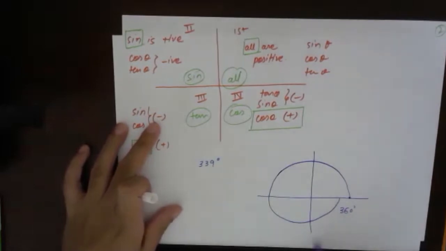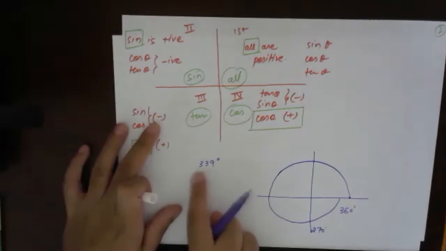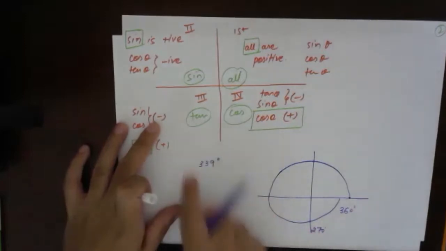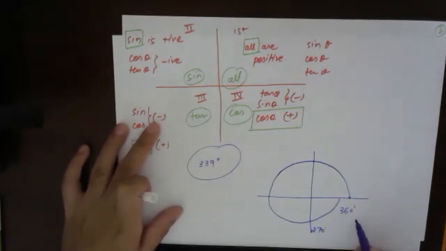Now here was 270 degrees. That means 339 will be between 360 and 270. So in which quadrant will 339 be? 339 degrees will be in the fourth quadrant.